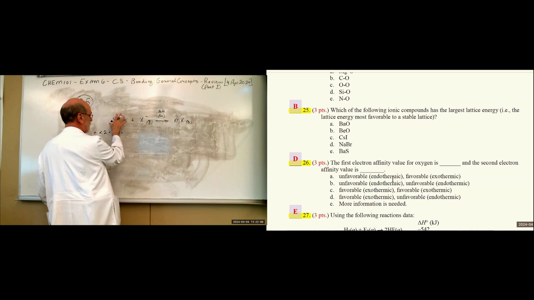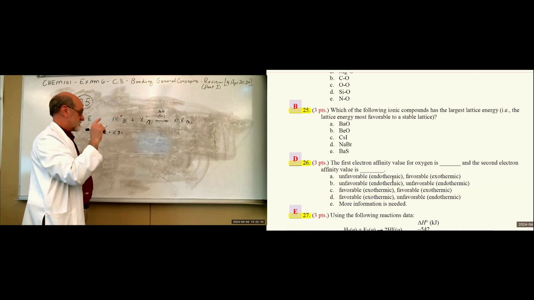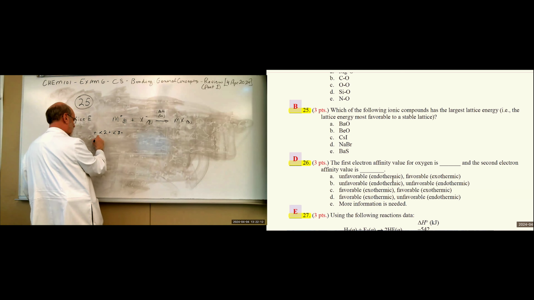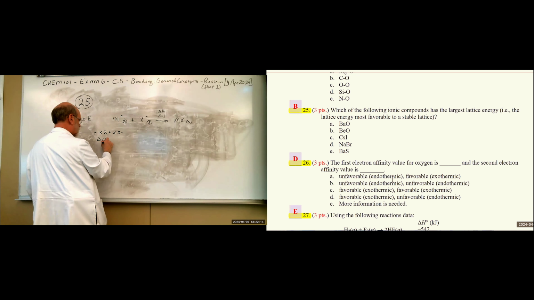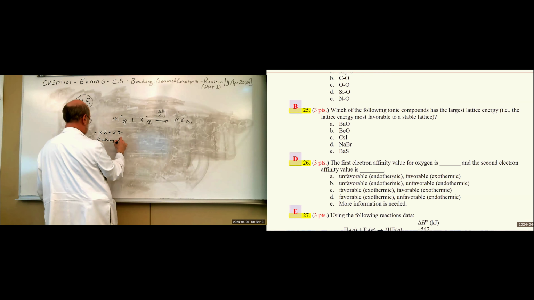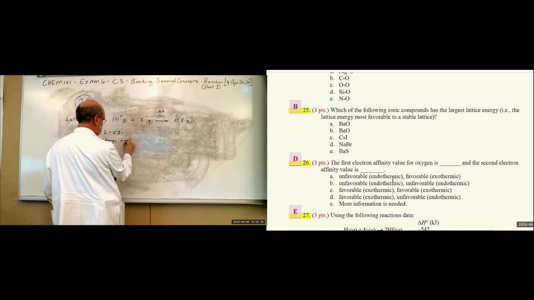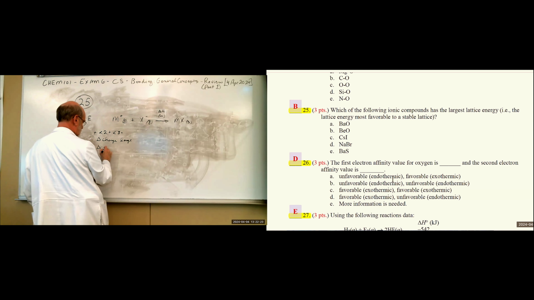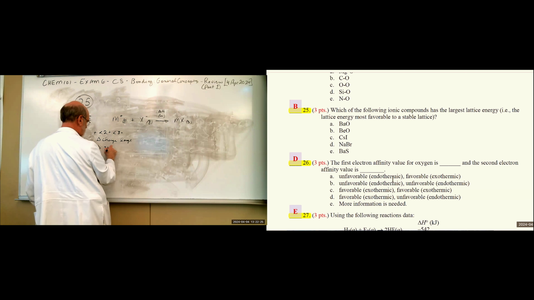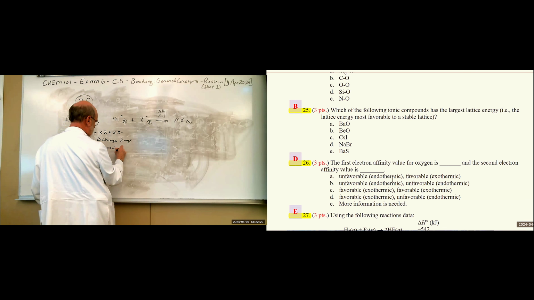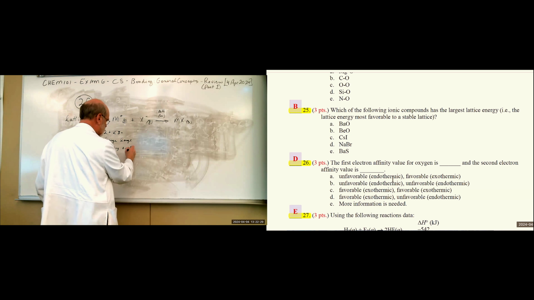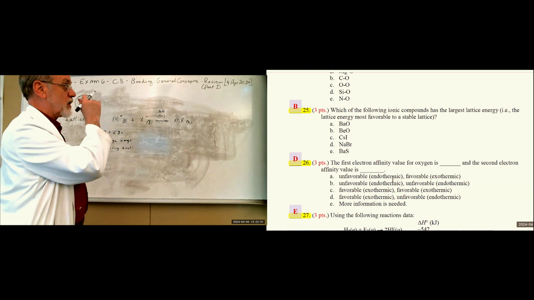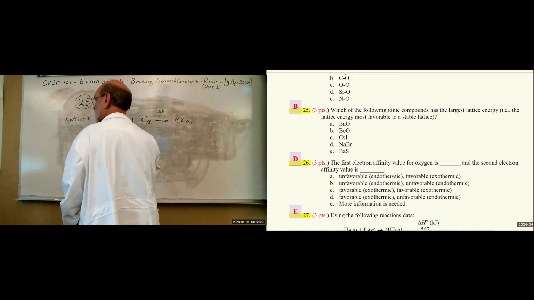The greater the charge difference, let's say it that way, the charge difference must be large. Okay. And then the distance, spacing, small. So let's see which one has largest charge. Barium.